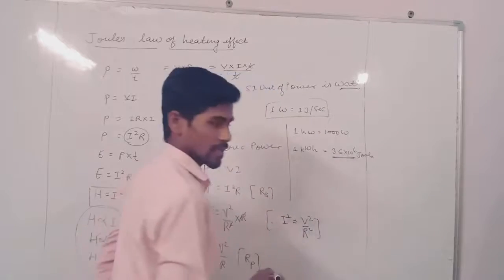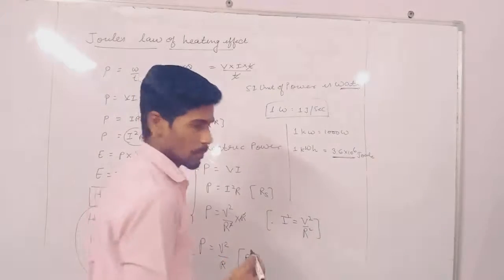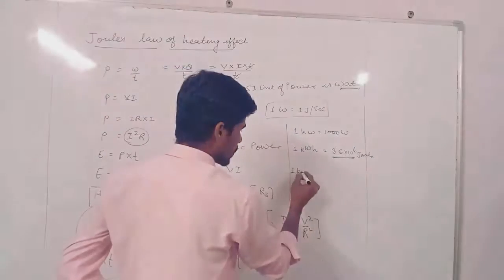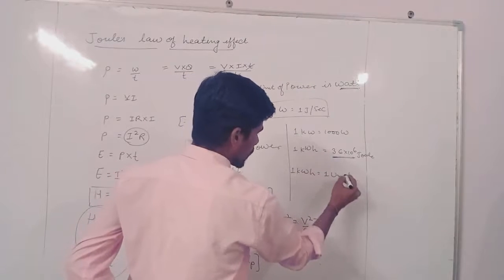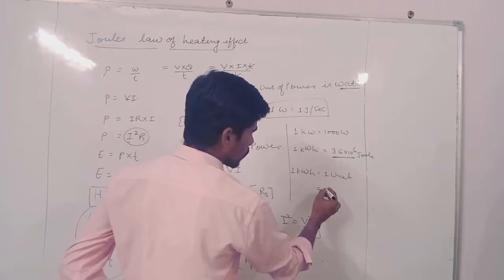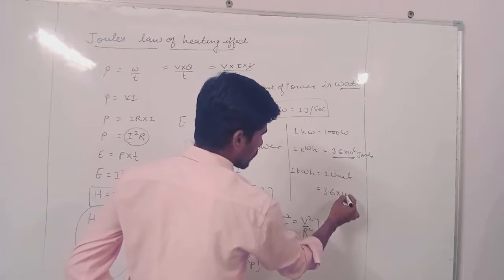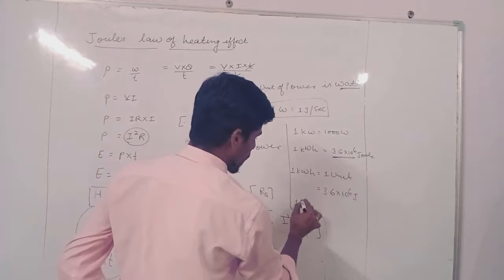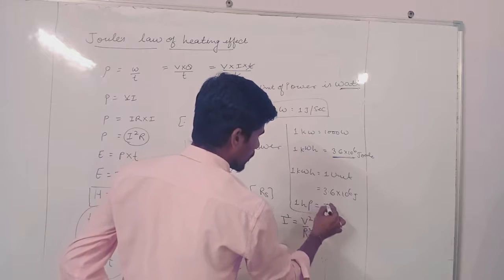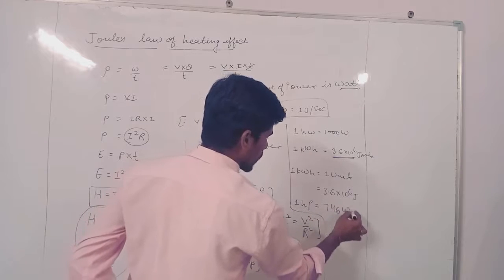You have already studied in your 9th class. And 1 kilowatt hour is also equal to 1 unit. And if we say 1 horsepower HP, 1 horsepower is equal to 746 watt.